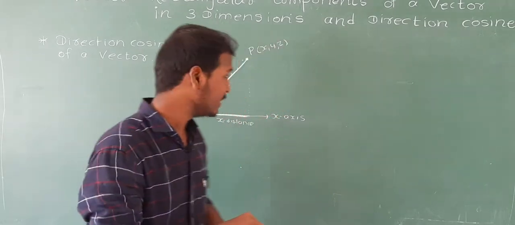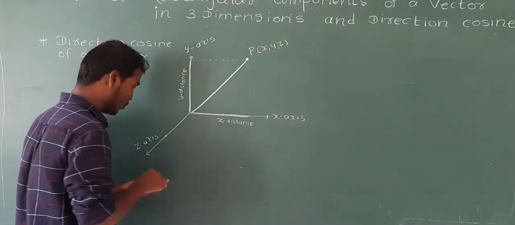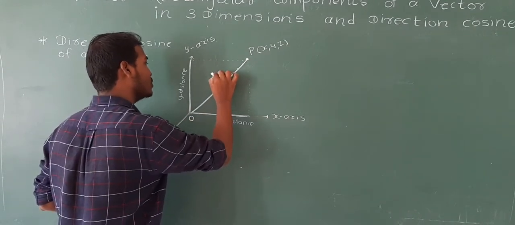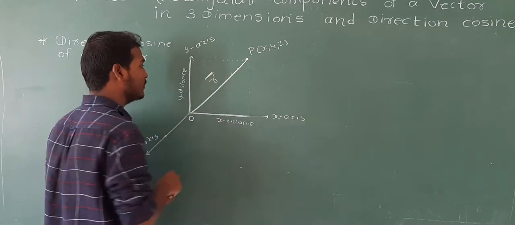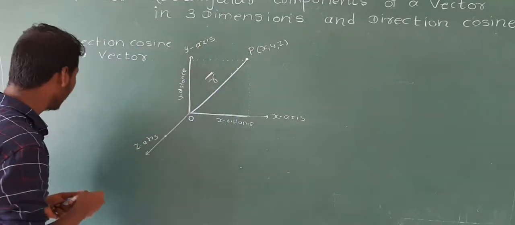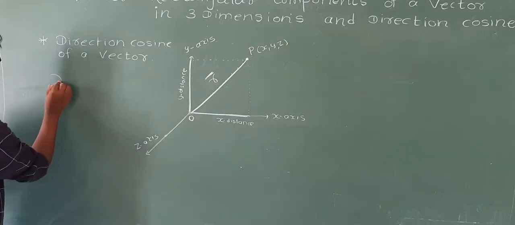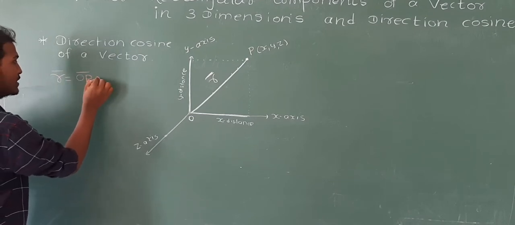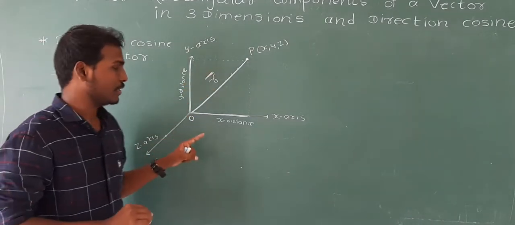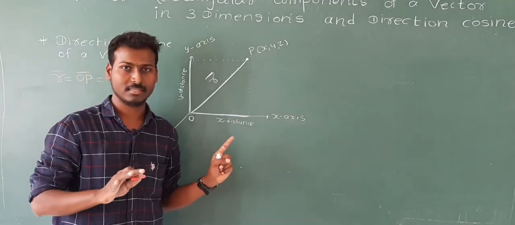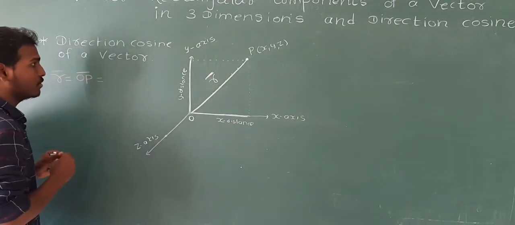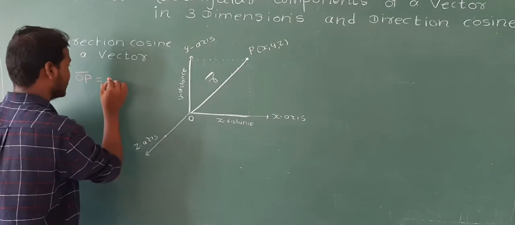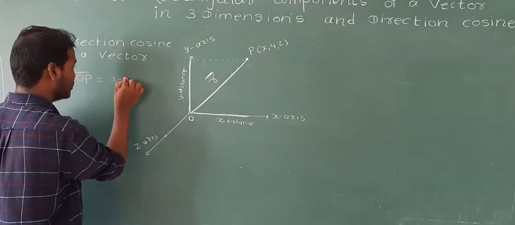Okay, so let's say we have a point P here, from origin O. This is our origin O. Let's find the position vector r bar of the point P. You know how we find the position vector r bar: r bar is nothing but OP bar. This point P shows movement along all 3 axes, so we take the final point, x, and the initial point as the origin, 0.